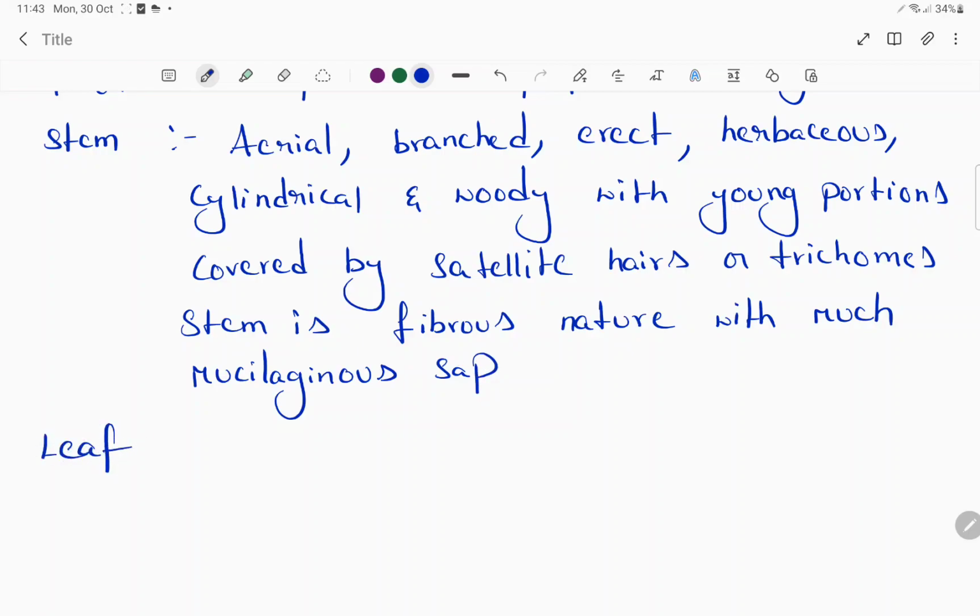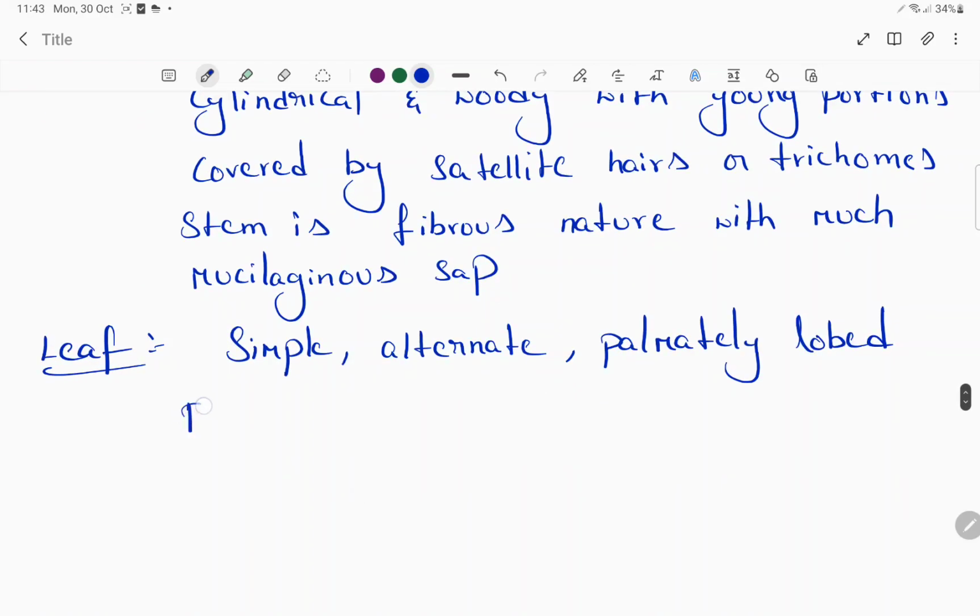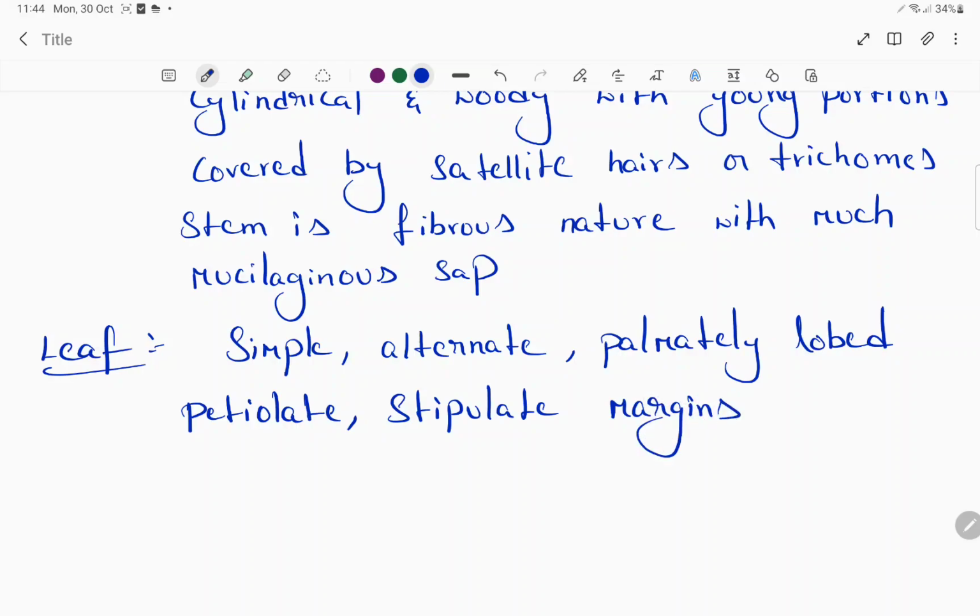Coming to the leaf: simple, alternate, palmately lobed, petiolate, stipulate, the margins are serrate.